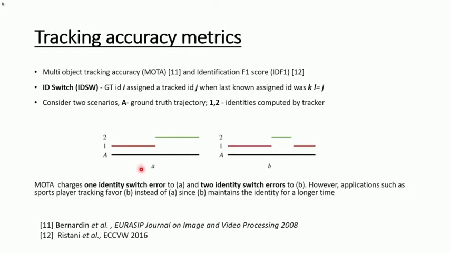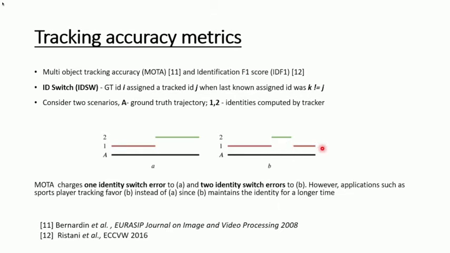In part a, as you can see, first of all, this ground truth identity A gets tracked by this predicted identity 1. After that, there is an identity switch and it gets tracked by this ID 2. In part small b, there are 2 identity switches. So first of all, this capital A identity gets tracked by this identity 1. After that there is an ID switch, and again there is another ID switch, after which the identity changes back to 1.